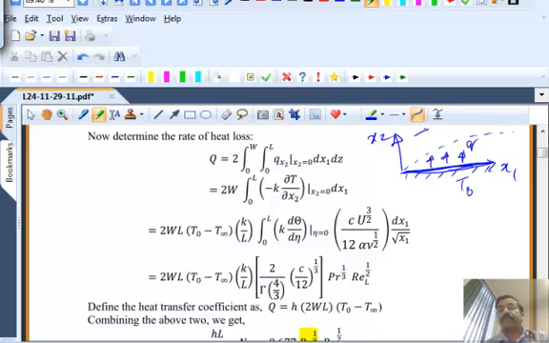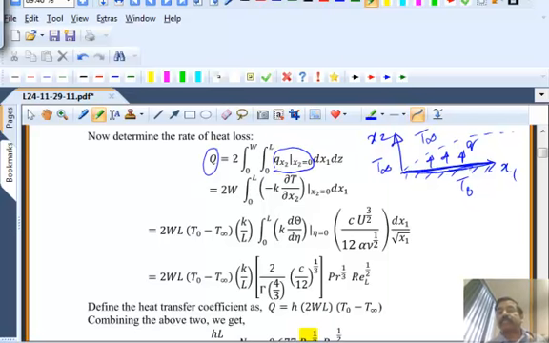Okay, and the fluid far away is at a temperature T infinity. The fluid that is entering is also at a temperature T infinity. So that fluid is going to get heated up or cooled, depending on whether T0 is greater than or less than T infinity.